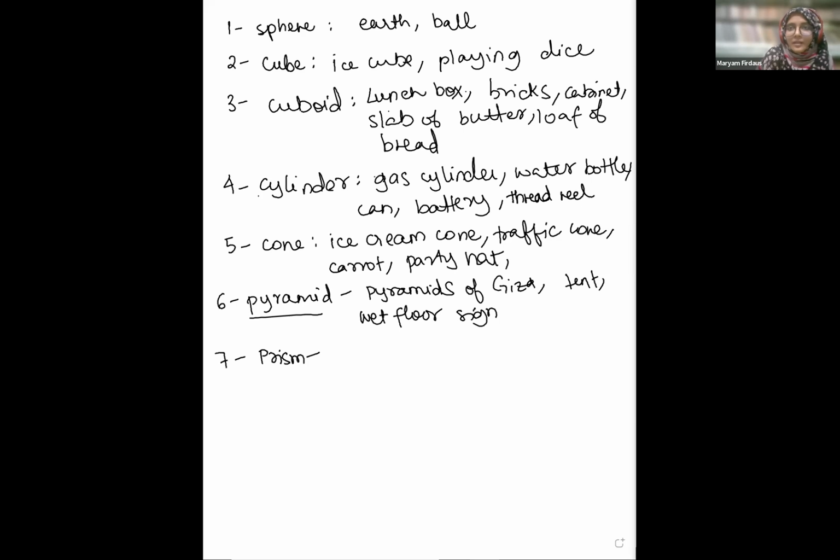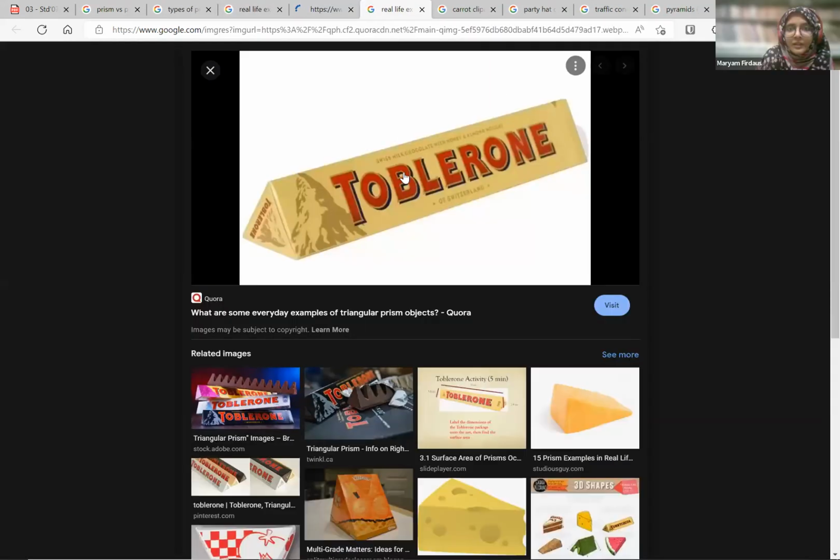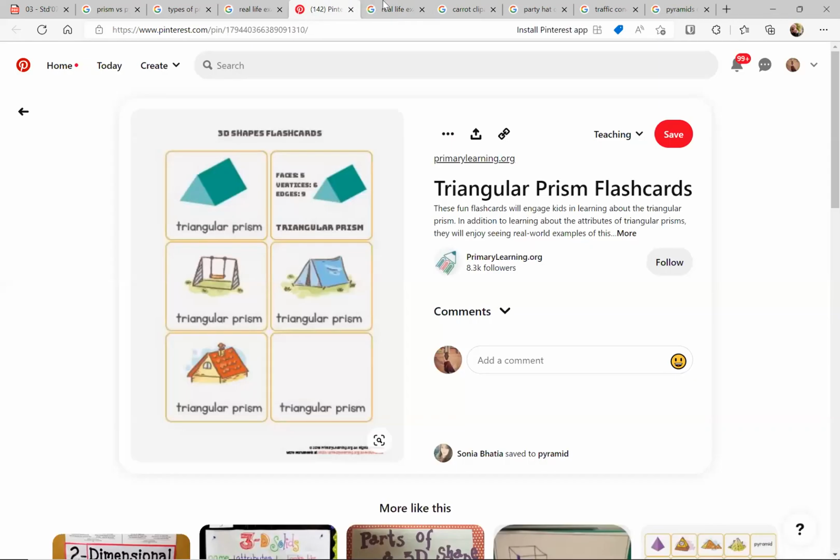I'll just share my screen again. Can you see this picture? A Toblerone chocolate. Does this look like a prism? Yeah, a triangular prism. Yes, a triangular prism. And take a look at this.